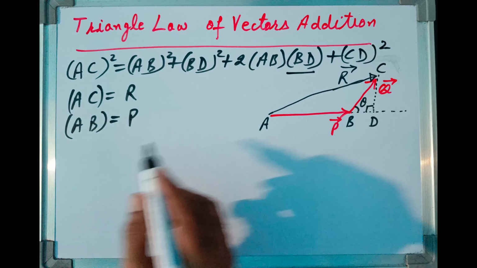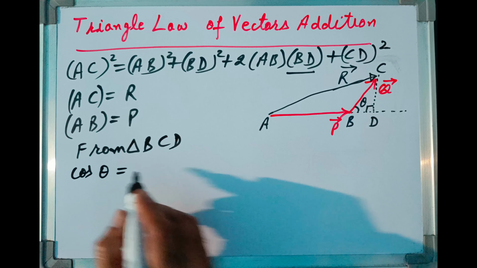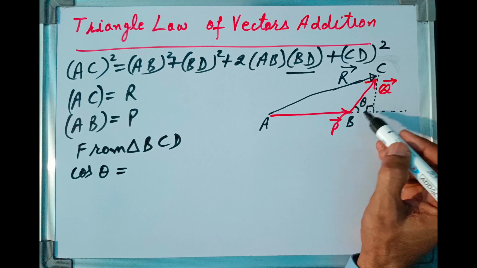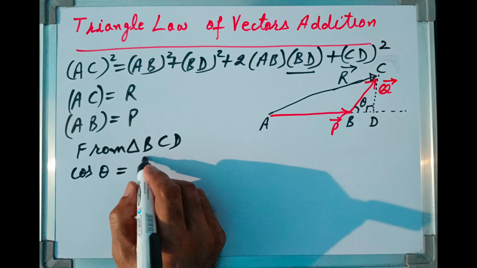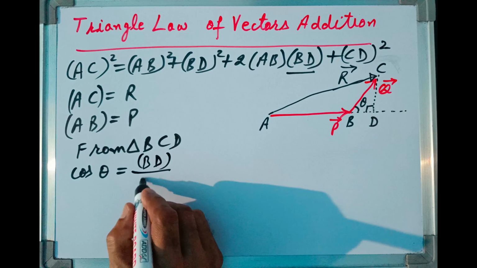For this purpose, let me consider the triangle BCD. From this triangle, let me write answer for cos theta. Cos theta in this triangle is base over hypotenuse. What is base? It is BD, and in this small triangle, hypotenuse is BC.